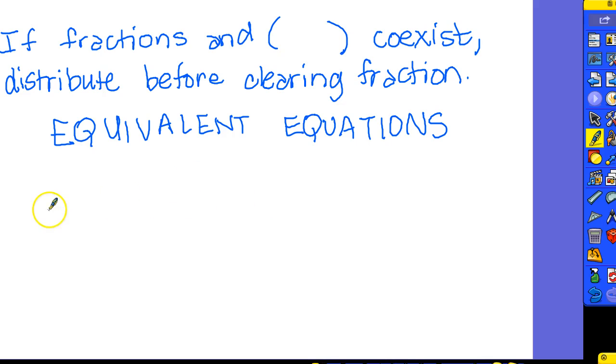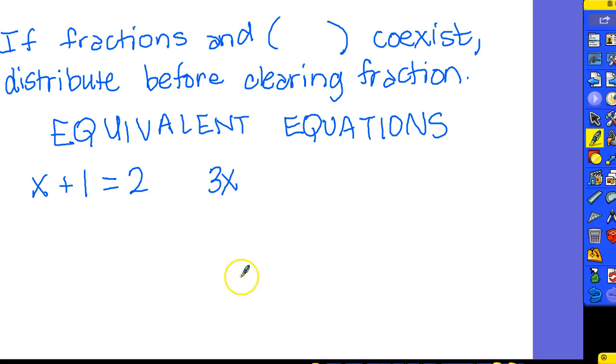So for example, let's just do a really basic one: x plus 1 equals 2. Now here's what we know. x equals what? 1, right? Do you agree? So let's write an equivalent equation so that our variable has a coefficient of 3.